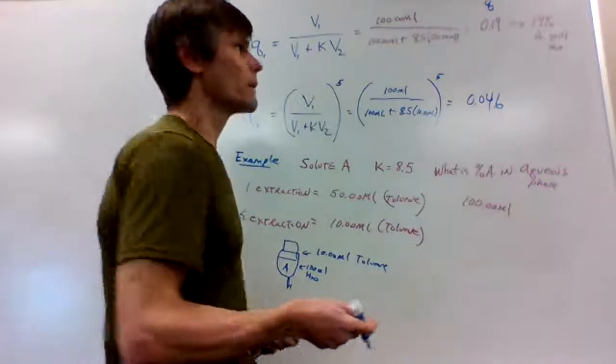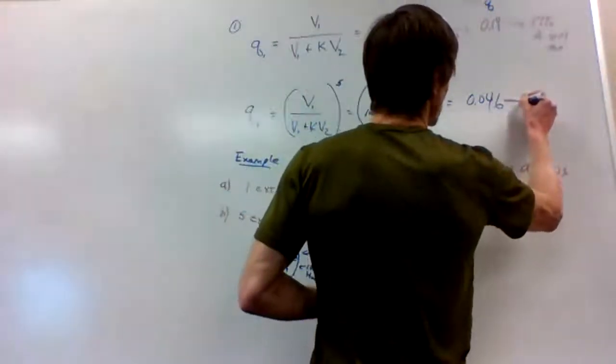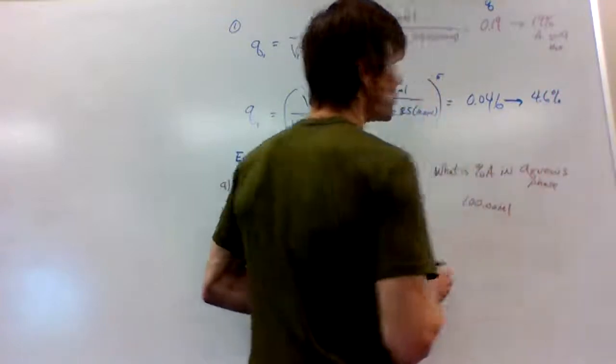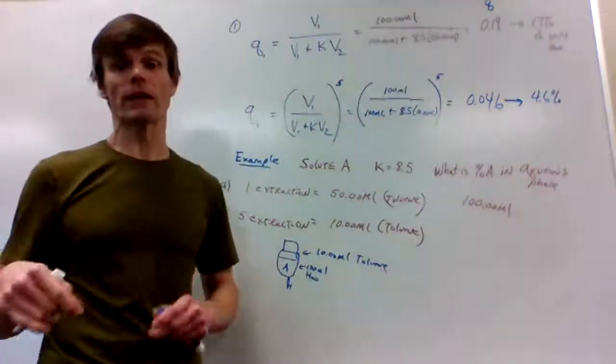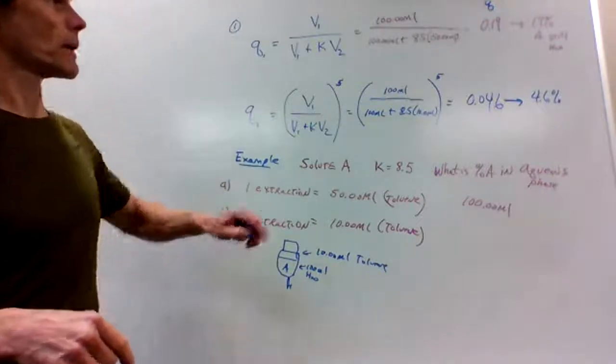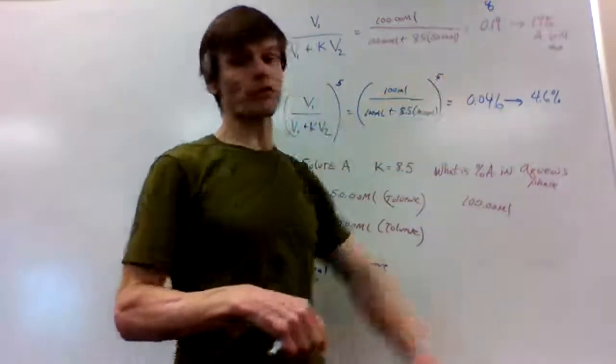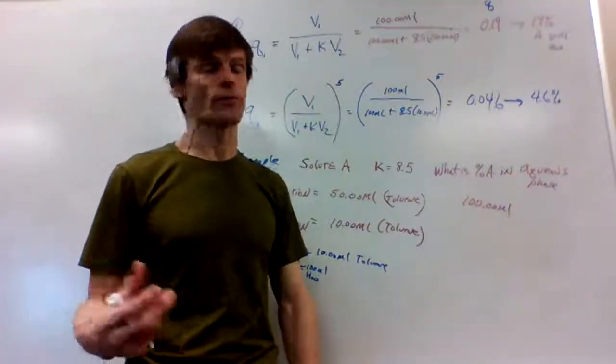is 0.046, or this would tell us that only 4.6% of A is still in the aqueous phase. A single extraction with 50 milliliters, 19% of our analyte is still in the water phase.